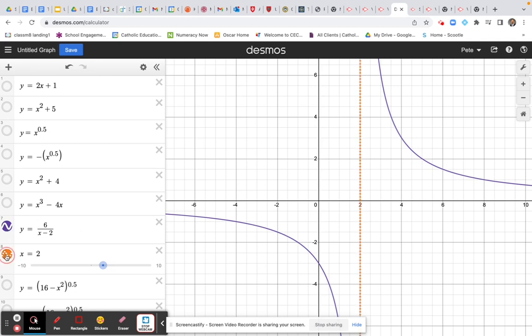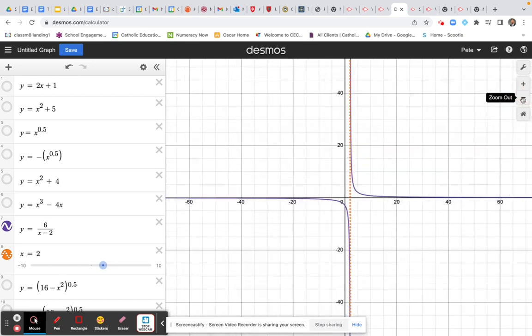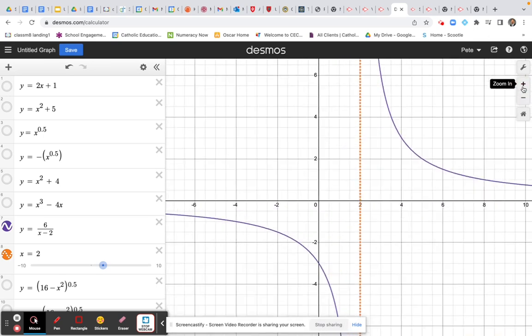If we put in this value here, you see it can't be x equals 2. And we can scroll out as much as we want. It gets closer. It's an asymptote, isn't it? It gets closer and closer to 2, but it never actually gets to 2. So the domain, or the x values it can take, is all values of x except x equals 2.